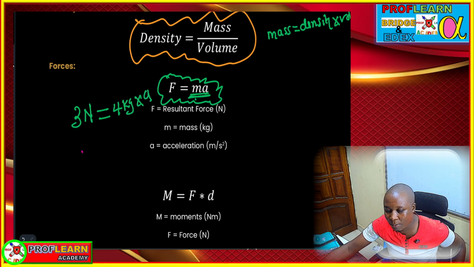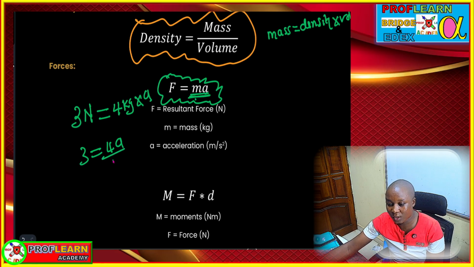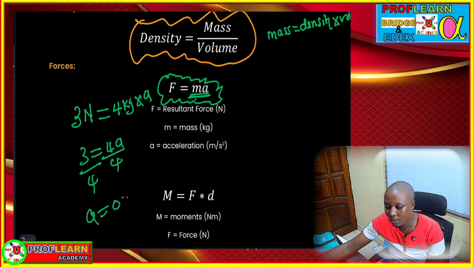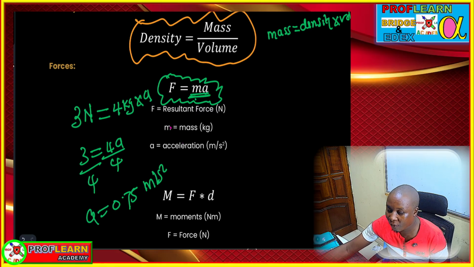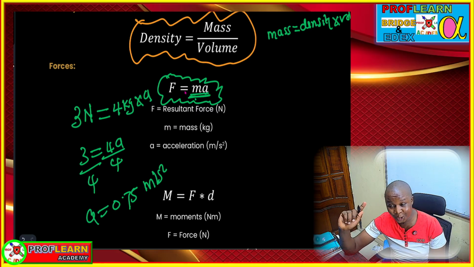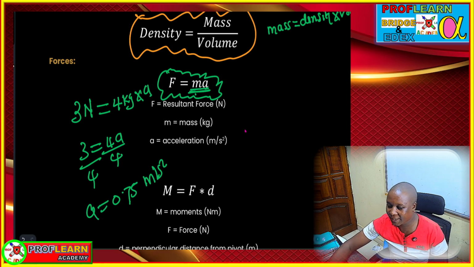You can say 3 equals 4 times acceleration. Finding the acceleration, you say 3 divided by 4, and acceleration is 0.75 meters per second squared. So this formula for Newton's second law of motion is very important for the IGCSE exam.